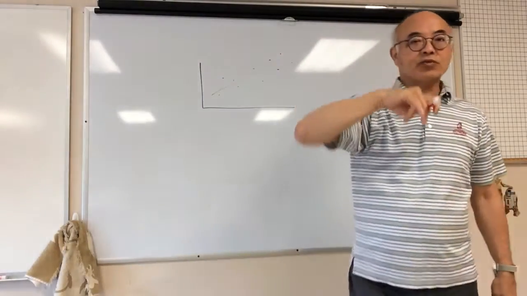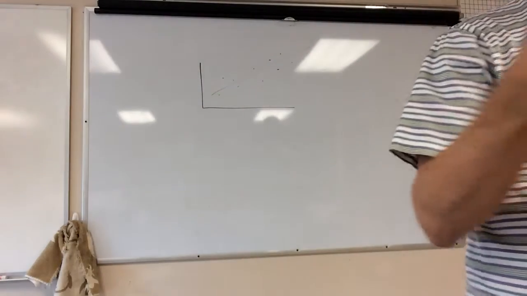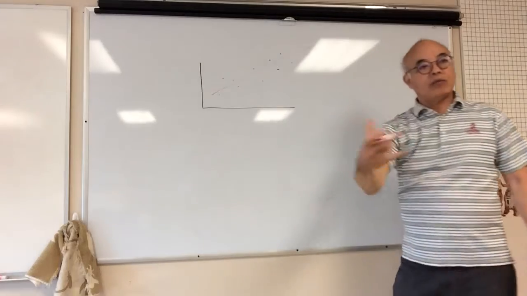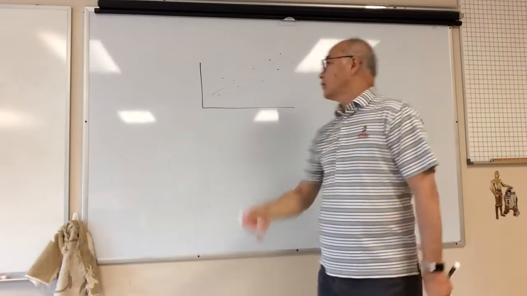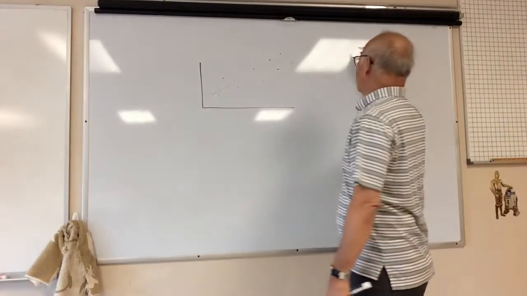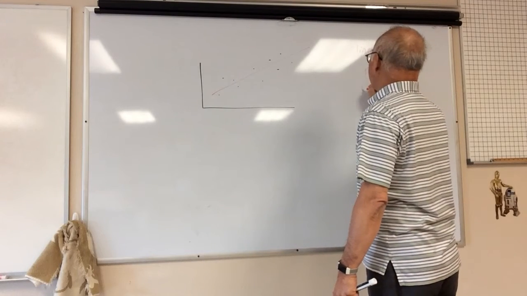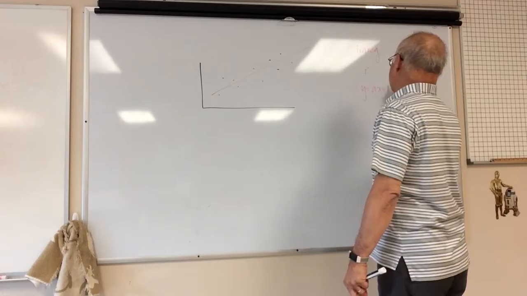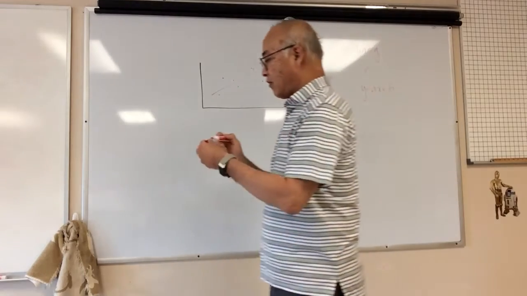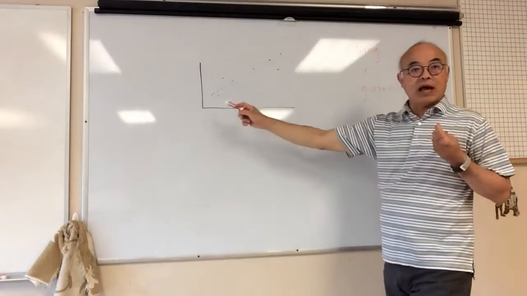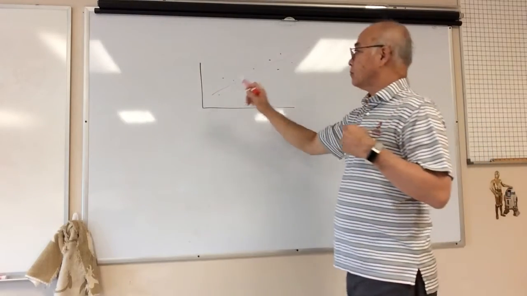How did I find this regression line? LinReg, right? We populated L1 and L2, did the scatter plot, and then we did LinReg, which gave us the R value, y equals AX plus B. So y equals AX plus B is the equation of this line, right?